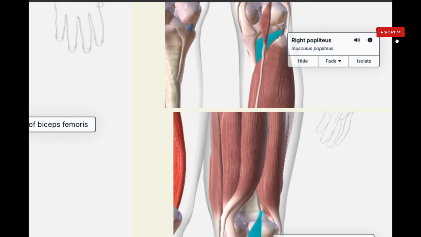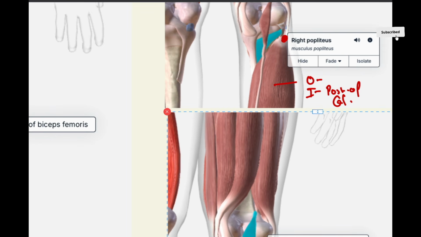The origination for your soleus muscle is the posterior surface of the head of the upper shaft of the fibula. So it is starting from the fibula, and it is inserting at the posterior surface of the calcaneus again, similar to the gastrocnemius, and the origination point will be the upper shaft of the fibula.